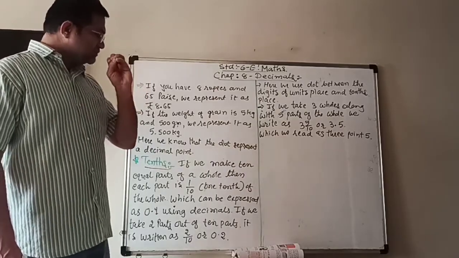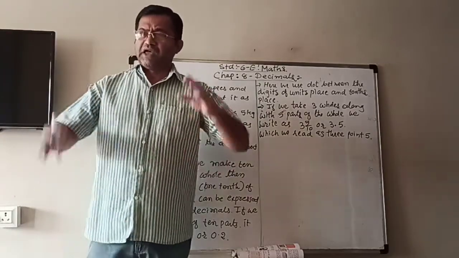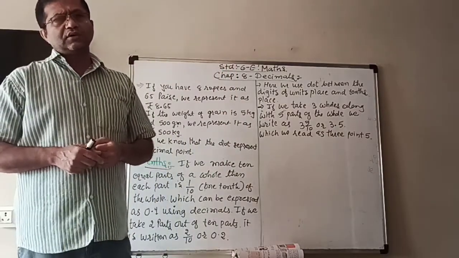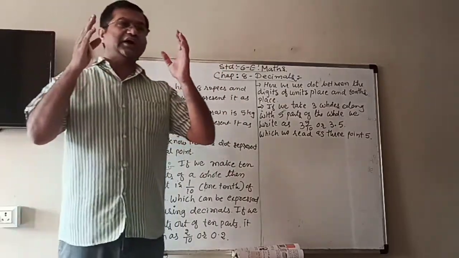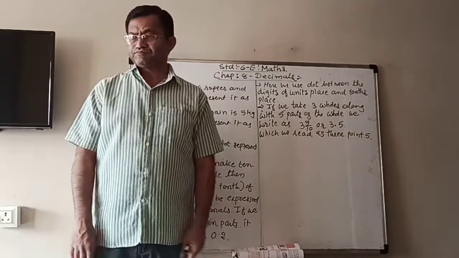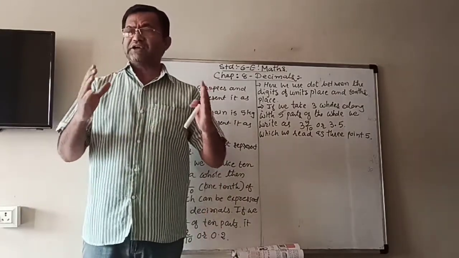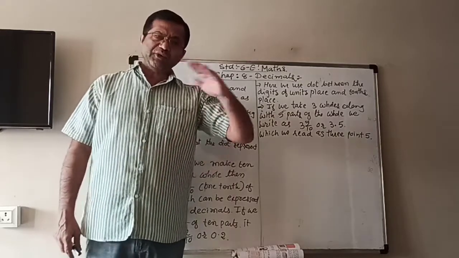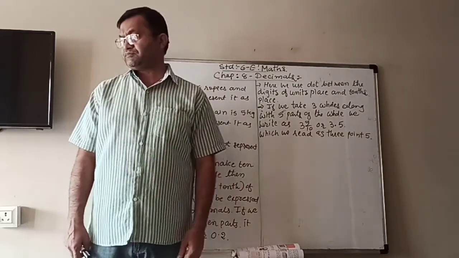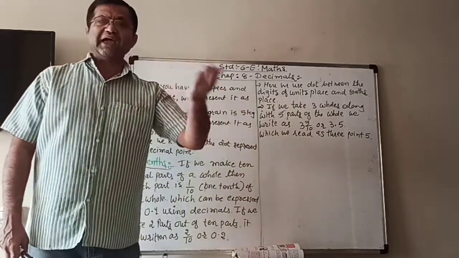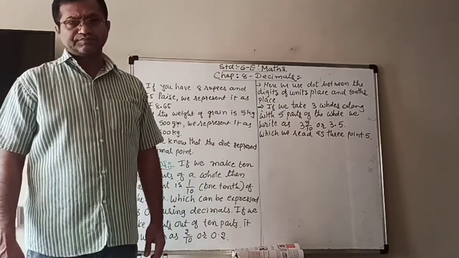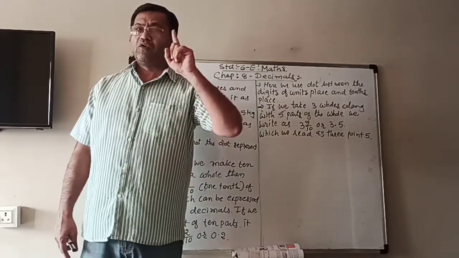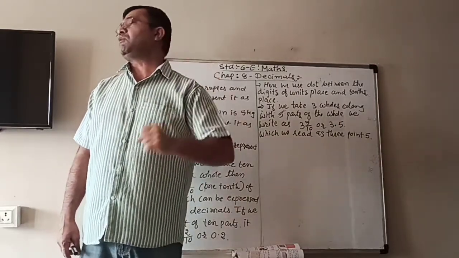Now to understand tenths place, suppose we are representing the unit as a block. If one unit is a block, and then if you divide that block into 10 pieces, then each piece is the 10th part of the one.